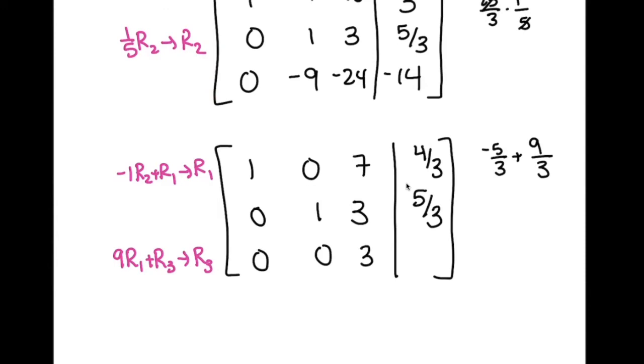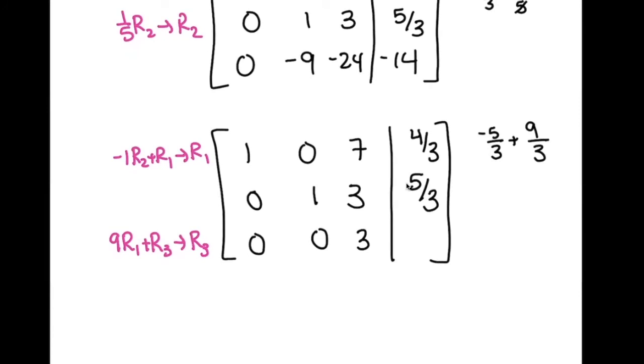And then from there, we have 9 times 5 over 3. So 45 over 3. And I want to add that to negative 14, so minus 14. Let's change 14 to something in terms of 3. That's 42 over 3. And then notice here I get 3 over 3. Cool, which is 1.